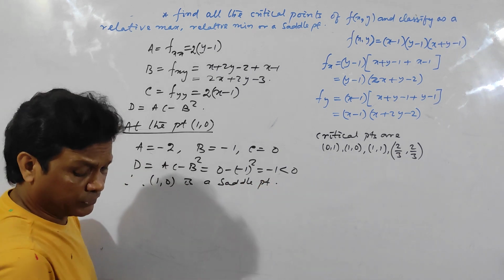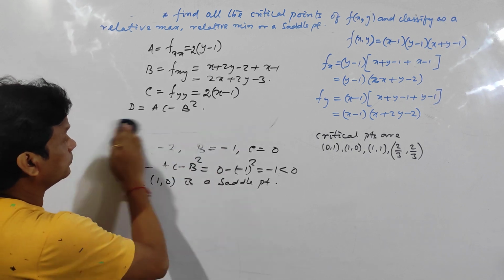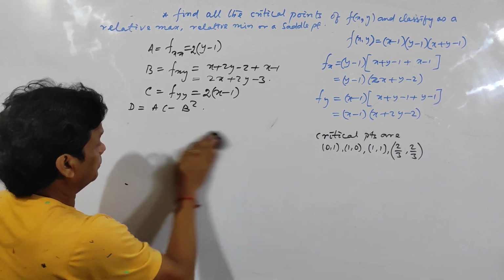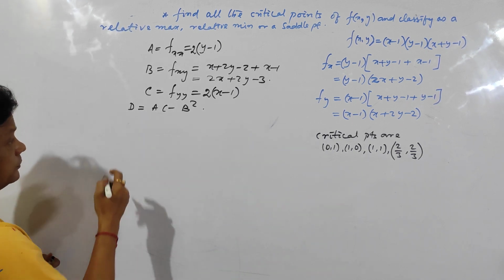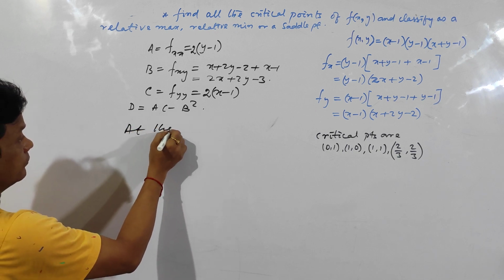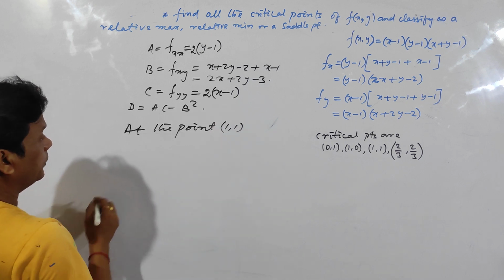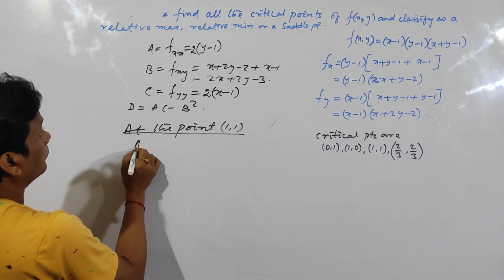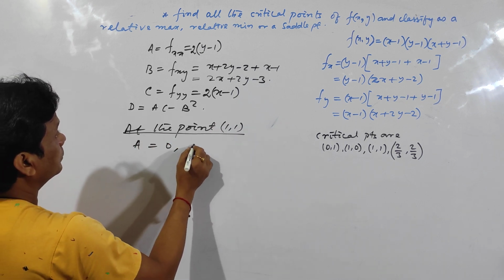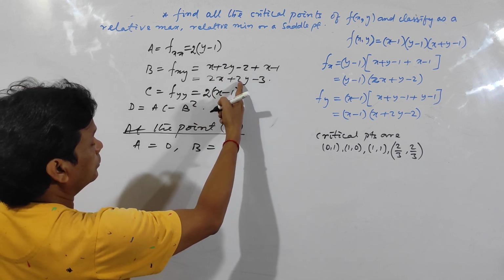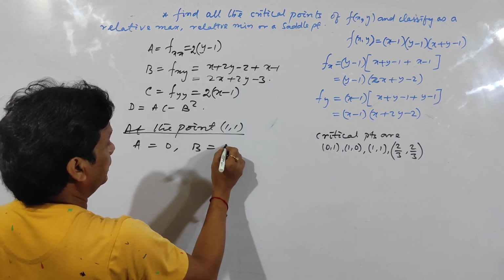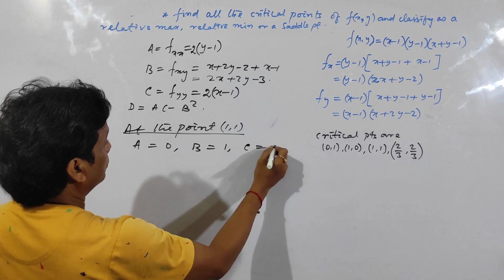Clear? Then we have to test for (1, 1). So at the point (1, 1), A is equal to 0, B is equal to 2 plus 2, 4, 4 minus 3, it is 1, then C is also 0.